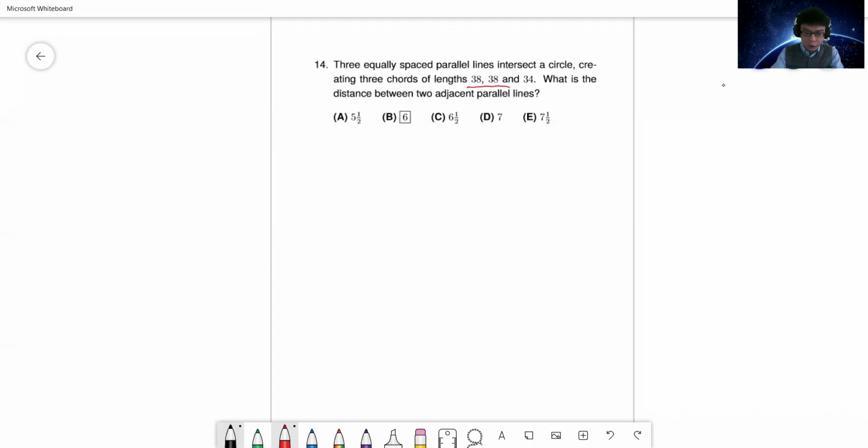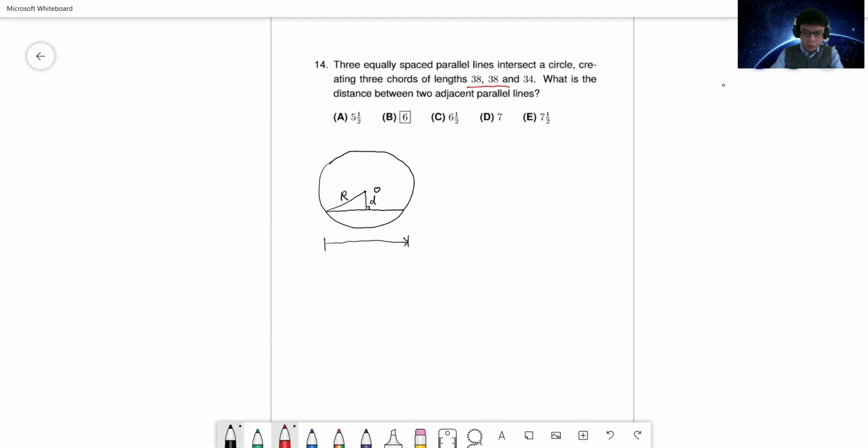Recall that for a circle and a chord, this is the center. Suppose this is the radius, r. The distance from the center to the chord, let's say it's d. This d and r determine the length of the chord.